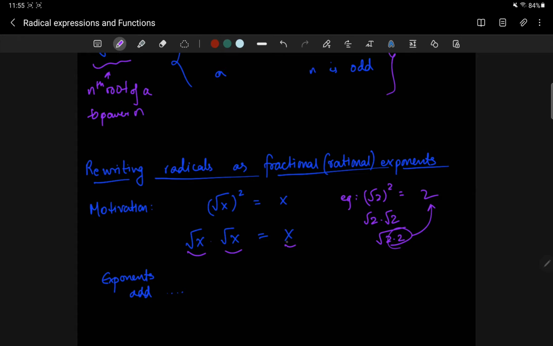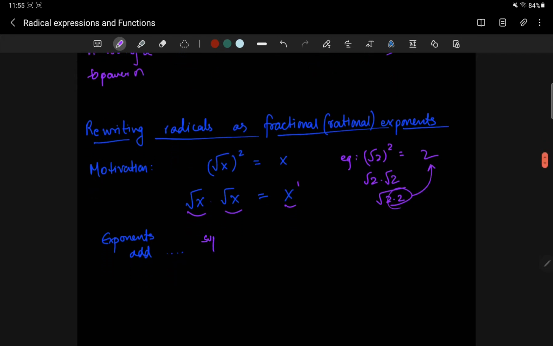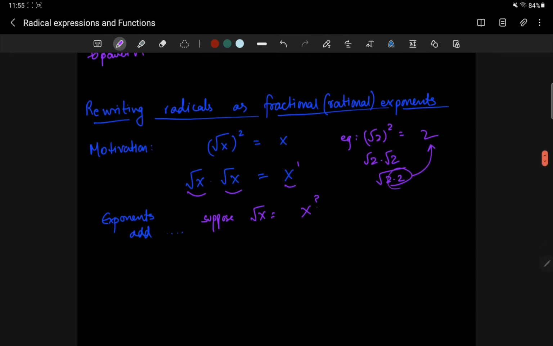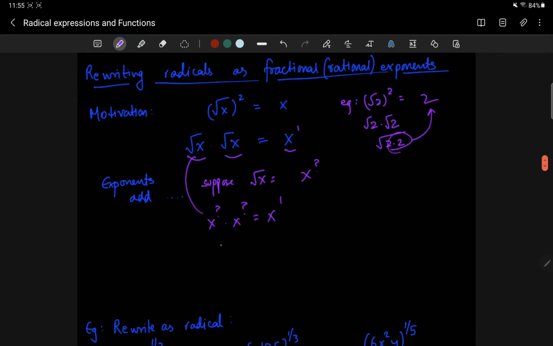But when you have a number just x, then the exponent is 1. Now suppose we say that I can write root x as x to the power something, right? If that is true, then this can be written as x to the power something times x to the power something equals x to the 1.